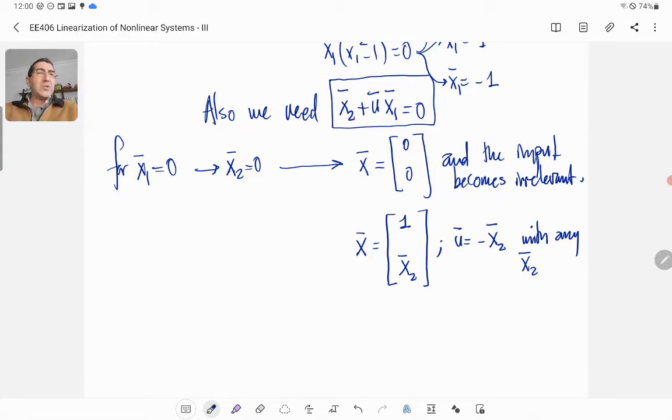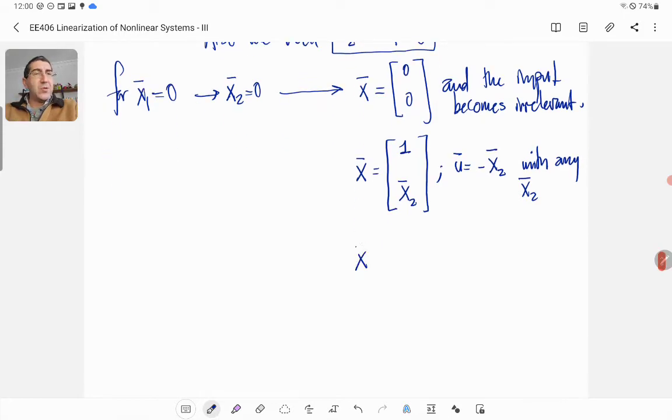All right. Similarly, let me also wrap this up with the third possibility, where x1 bar is equal to minus 1. In that case, again, we have an x2 bar, but this time the relationship between equilibrium input and equilibrium state is different. In this case, they are equal to each other, again with any x2 bar.